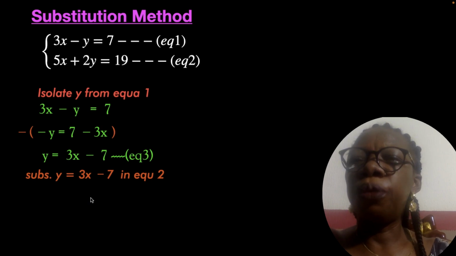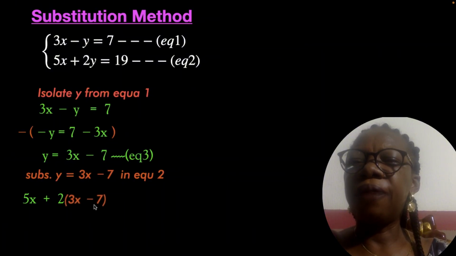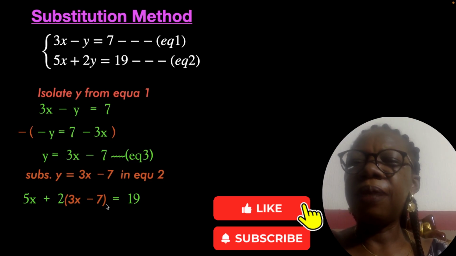Right. So in equation 2, we have 5x plus 2, and instead of writing y, we have 3x minus 7, is equal to 19. Open the bracket by multiplying the terms in the bracket by 2.